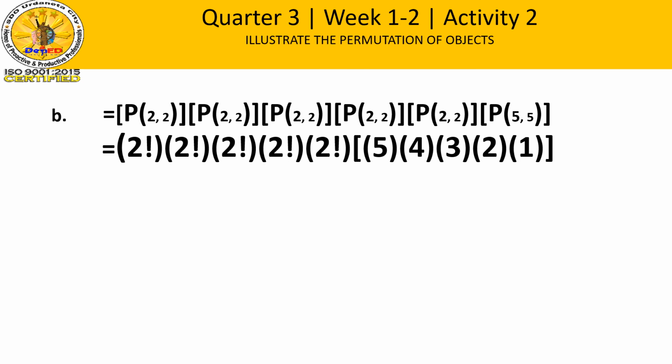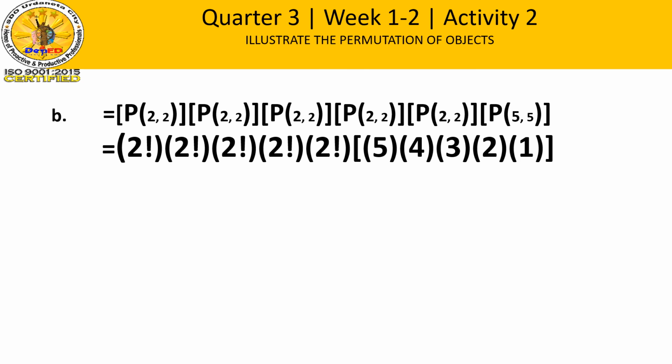So we have now the permutation of two objects taken two at a time, multiplied five times, and multiplied by the permutation of 5 objects taken 5 at a time.